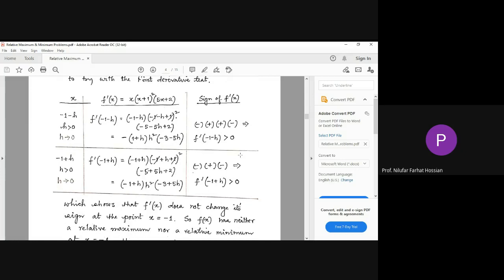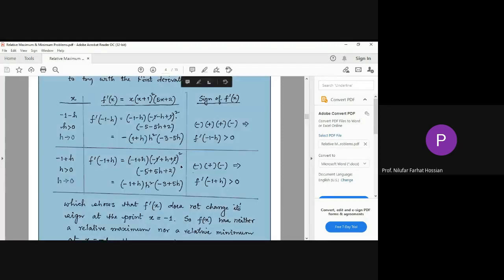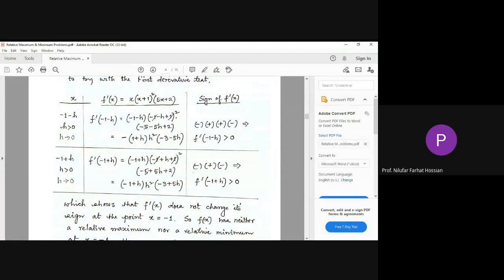Now let us look for a number which is greater than minus 1. So minus 1 plus h, positive, and h tends to 0. So just put here x equal to minus 1 plus h. Minus 1 plus h, here minus 1 plus h plus 1 whole square, and here minus 5 plus 5h plus 2. Yes, minus 5 plus 5h plus 2.